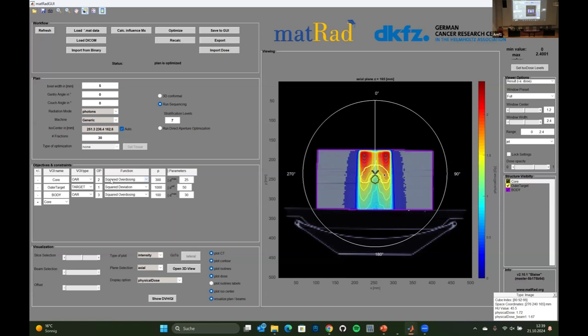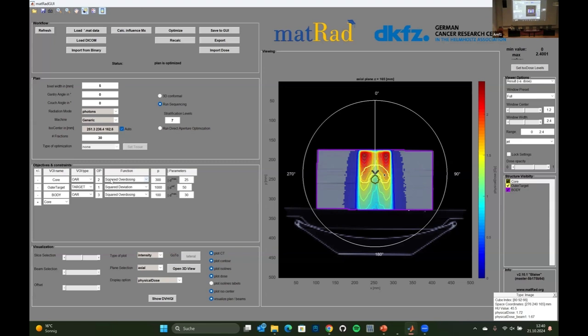This makes it easy for organs to pull dose down, and as soon as you are below that level, you're fine. It doesn't make sense to use a squared deviation on an organ, because that would mean you would also try to pull the dose up.